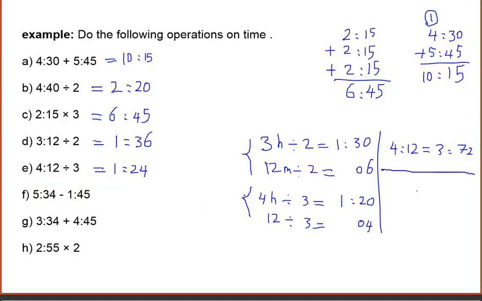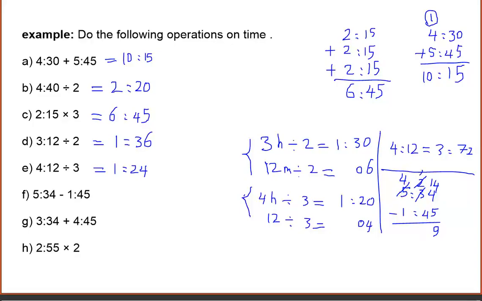Let me do this subtraction. 5:34 minus 1:45. Here we cannot take 5 out of 4, so I take 1 from the tens digit. 5 out of 14 will be 9. I cannot take 4 out of 2, so I take from the hour. 1 hour will turn into 60 minutes.